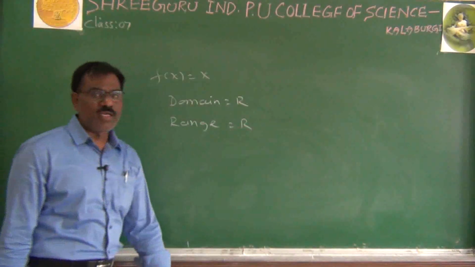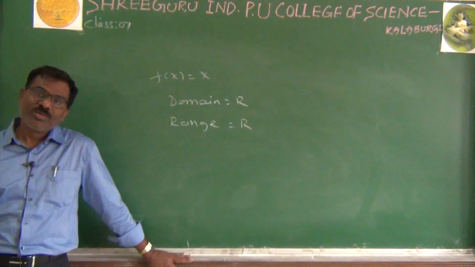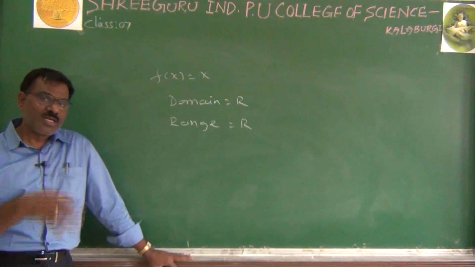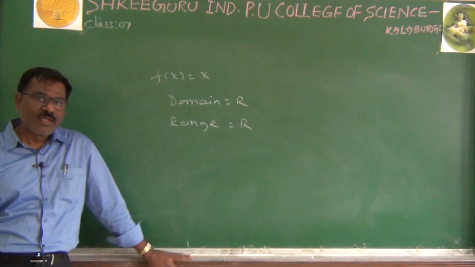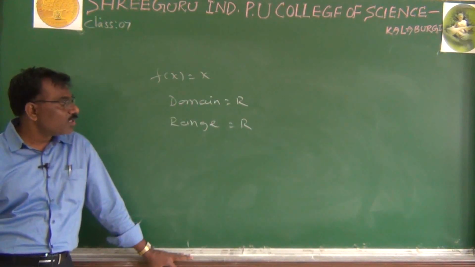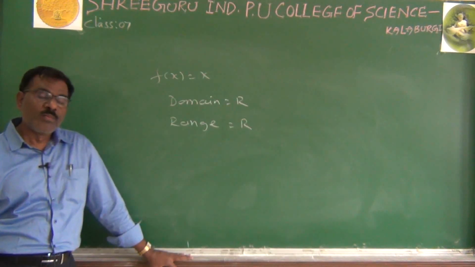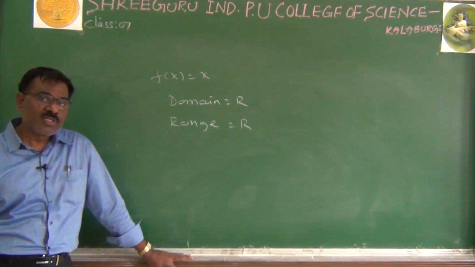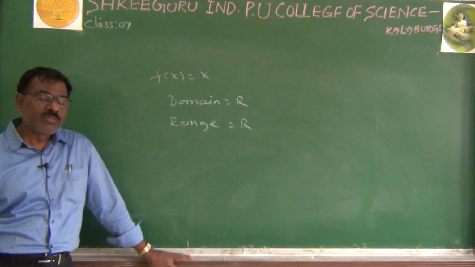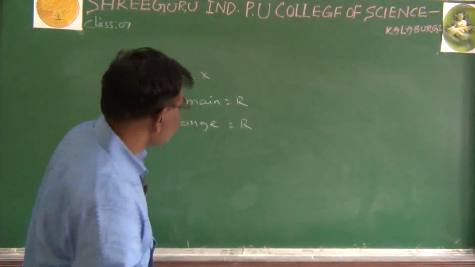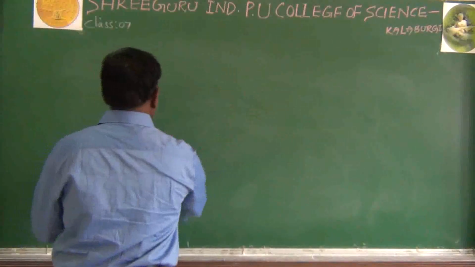Both domain and range are real numbers, because you take x as any real and y again extends. But in the constant function, the domain is the real numbers, but the range is a singleton set. This is the second definition.